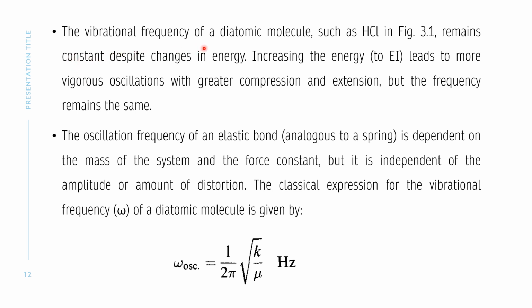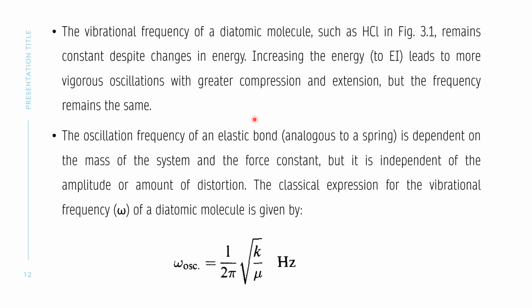The vibrational frequency of a diatomic molecule such as HCl, shown in figure 3.1, remains constant despite changes in the energy. Increasing the energy to E1 leads to more vigorous oscillation with greater compression and extension, but the frequency remains the same. This frequency is called the oscillation frequency.